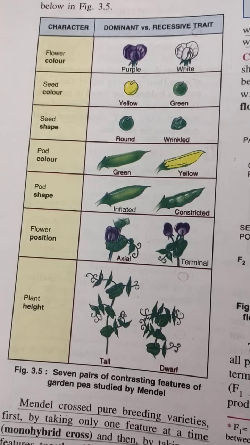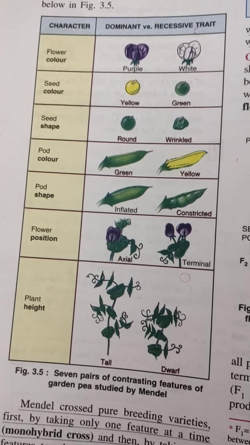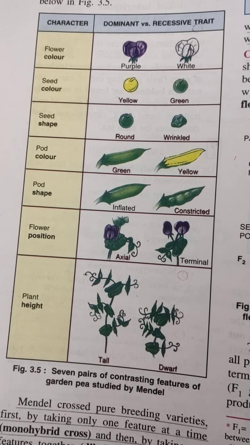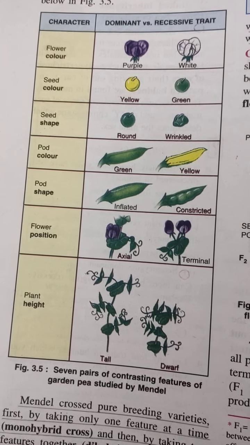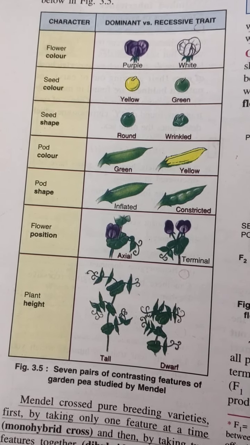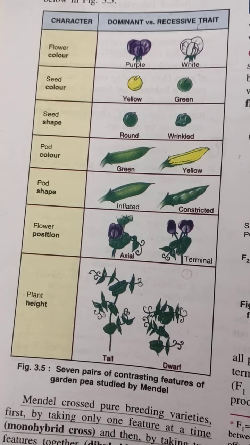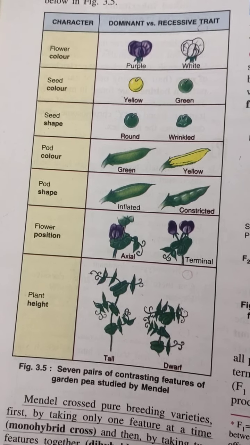Another thing which you have to learn from the book is this chart. They have given all the characters of the pea plant and their dominant and recessive traits. Please go through this chart, because if you get sums regarding pea plants in your genetics, and you remember these traits properly, then it will be helpful for you.